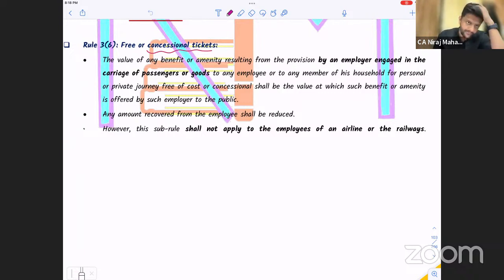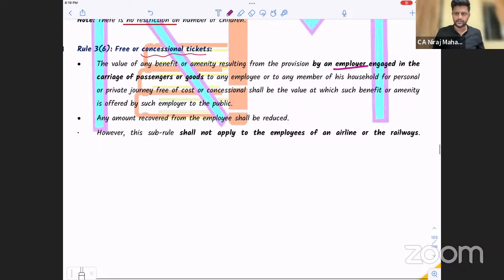The value of any benefit or amenity, amenity means facility, resulting from provision by an employer engaged in the carriage of passenger or goods. Understand? Engaged means business. The business of the employer is carriage of passenger or goods.